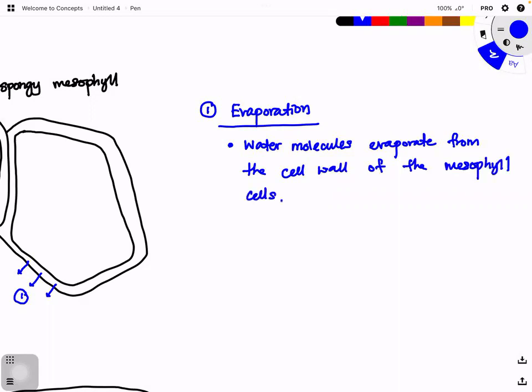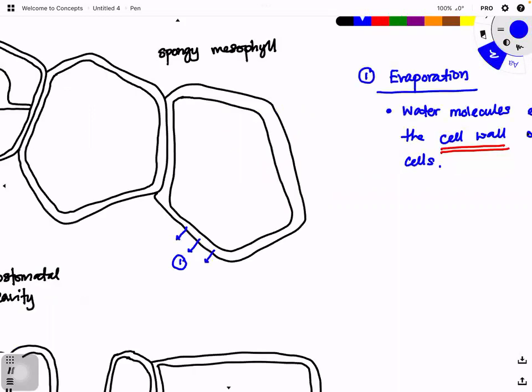Are you clear? The very important words here, you have to use cell wall. I highlight cell wall because it cannot evaporate from the cytoplasm. So whatever I draw here, you can see that it's from the cell wall. So this is evaporation.